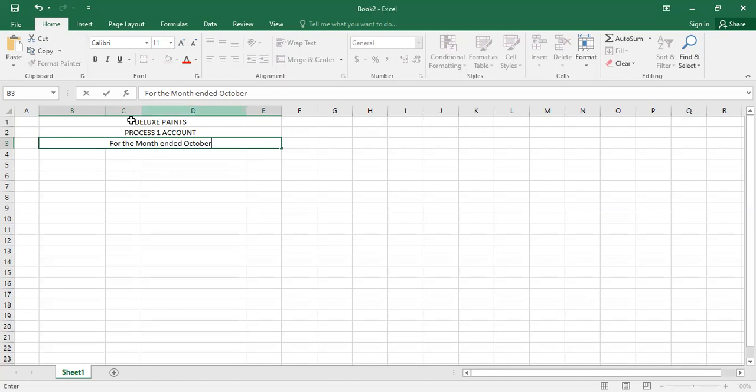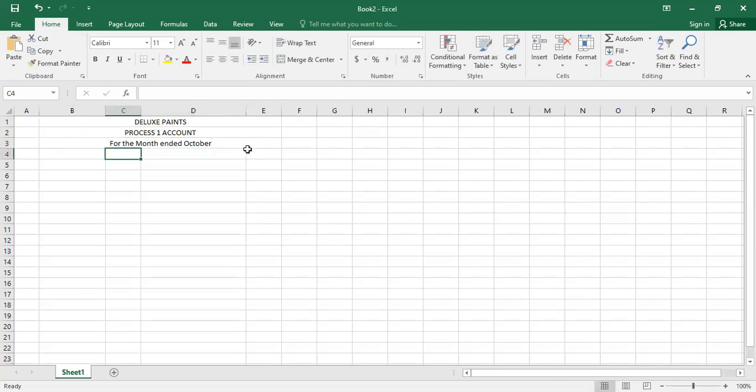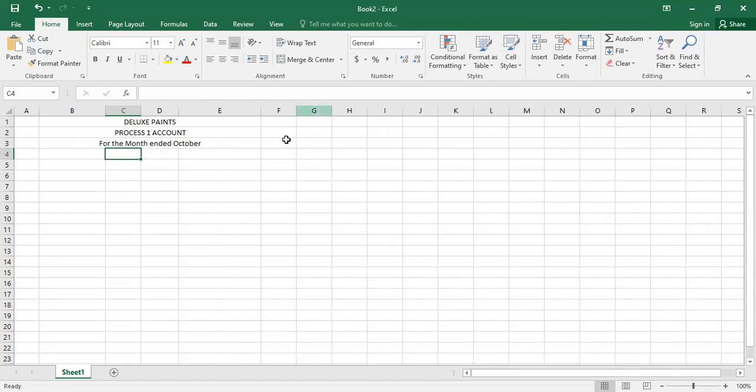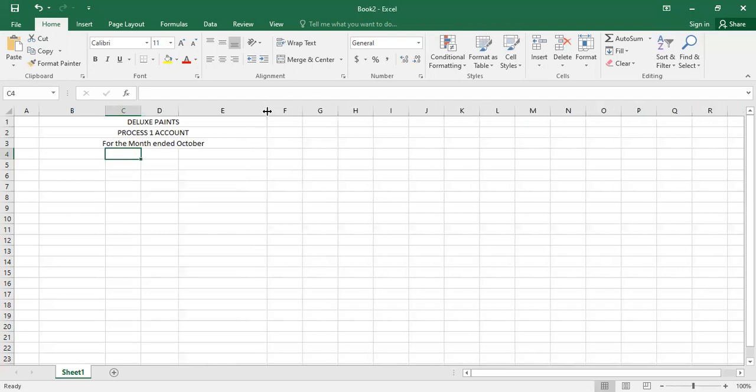So this is a process account. We have two columns, one for the number of units and the other one for the amount. Our units are given in liters, right?